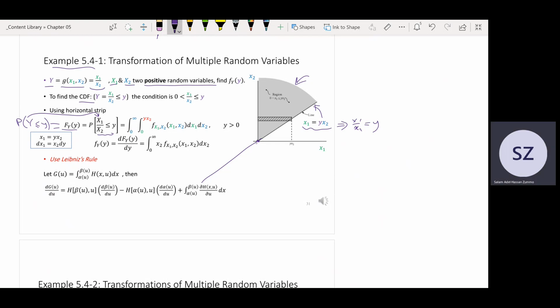So x1 is between 0 and y x2, and x2 will be from 0 to infinity.